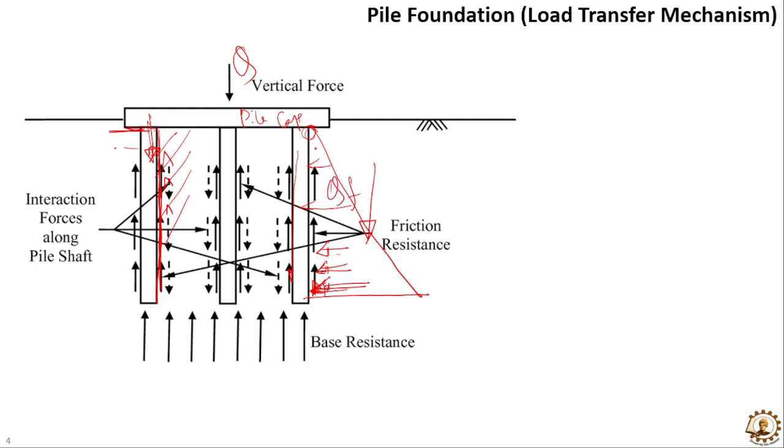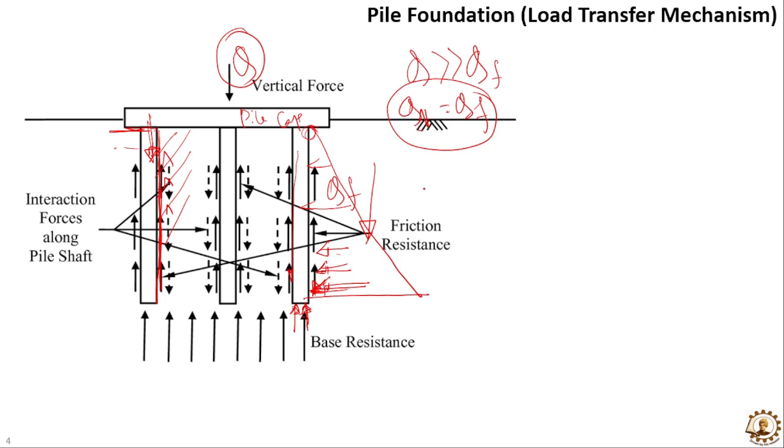Now, when the load Q coming onto the pile is much greater than QF, after a certain load amount, suppose Q1, when it equals QF, the skin friction will not take any additional load. That means it will not transfer additional load to the subsoil. In such a situation, the end bearing resistance will come into play.